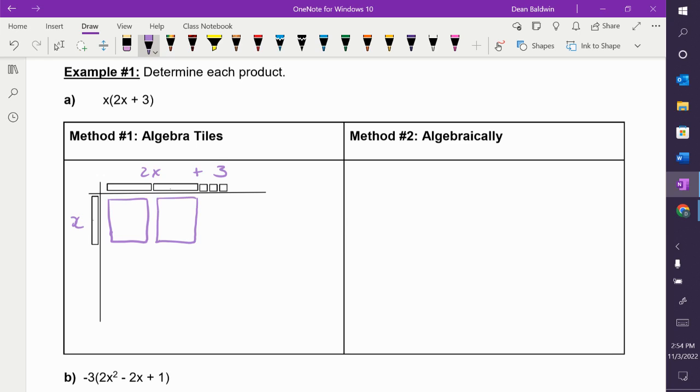And then I take this rectangle and I multiply by this and I get a rectangle. And that happens 3 times. Yes. What is my answer? There you go. This is 2x squared plus 3x.